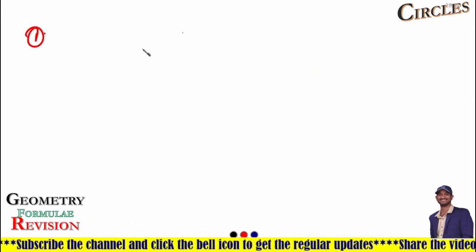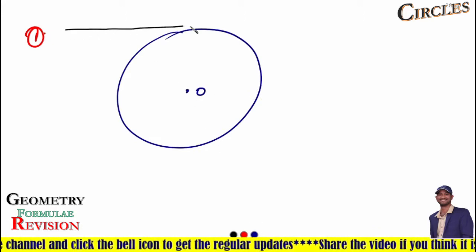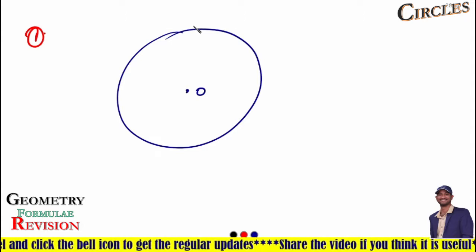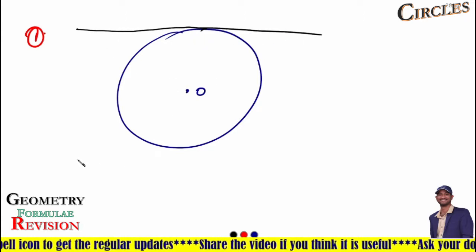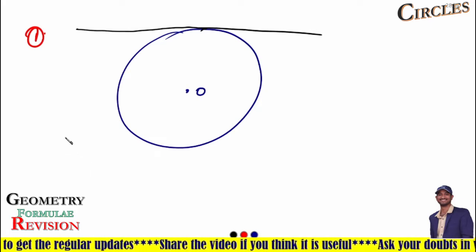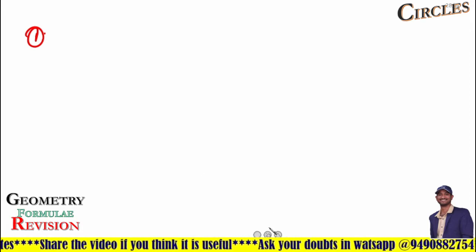Suppose it is a circle with center O, and this is one tangent. I'll draw correctly, because we'll draw a circle first.